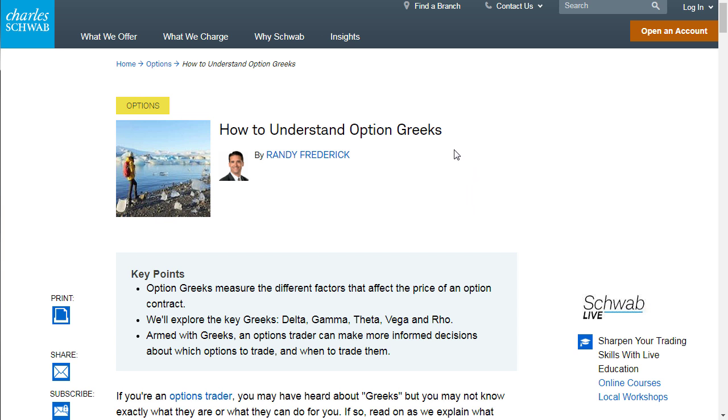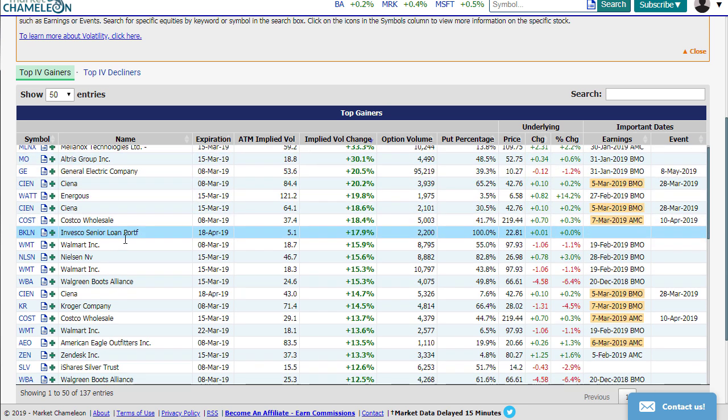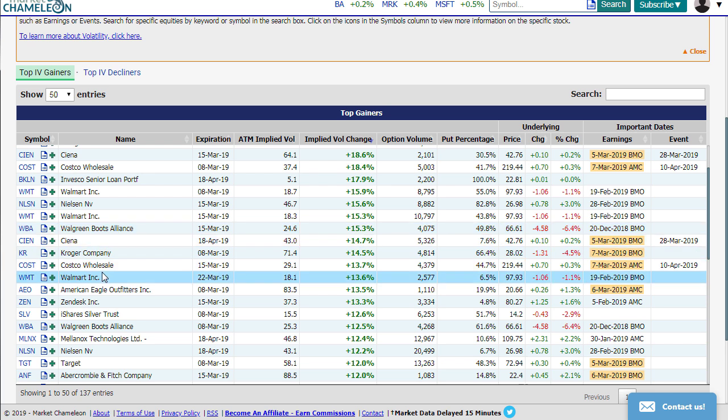One of the stocks that I found recently, and I found it using this website called Market Chameleon, which has a screen called the top implied volatility gainers. You scroll through here and you can look at charts of these gainers. And I found a stock called Zendesk, right?